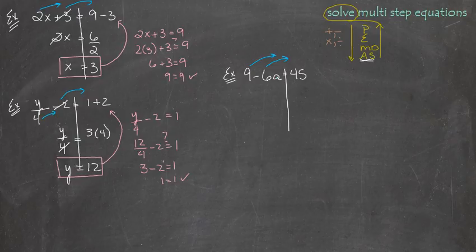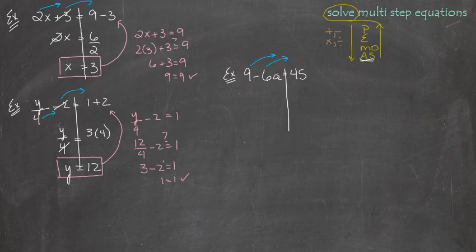Which one do I want to move first? Well, PEMDAS backward, the addition and subtraction. Which number is connected to the variable by addition, and which is connected by multiplication or division? Sometimes it's a little tough to tell, because this is -6a and it looks like 9 isn't connected at all.